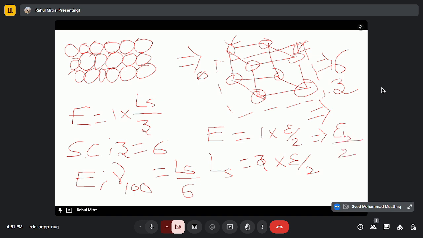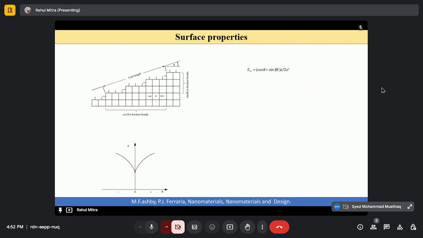So far I have assumed that I am cutting perfectly, with my cut parallel to the 100 plane. Now what happens if the cut is not exactly parallel to the 100 plane?